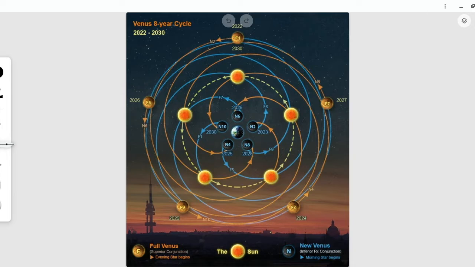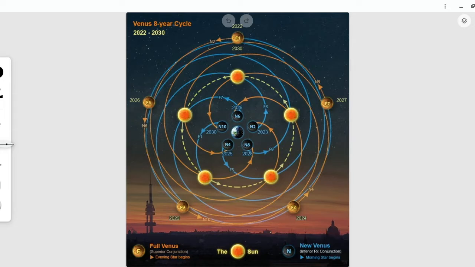So that's why the Sun appears to be in a different part of the zodiac, right? The same is true of Venus. Venus appears to be, from the perspective on Earth, moving through the zodiac as well. And in her movements through the zodiac, she of course is going to form conjunctions with the Sun along the way. So it's that particular dance between the three planetary bodies that creates this orbital pattern.